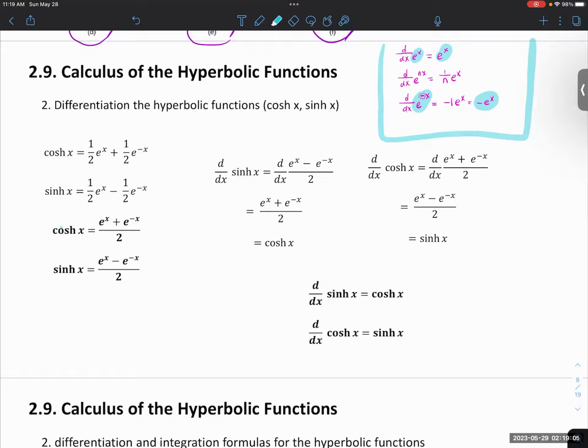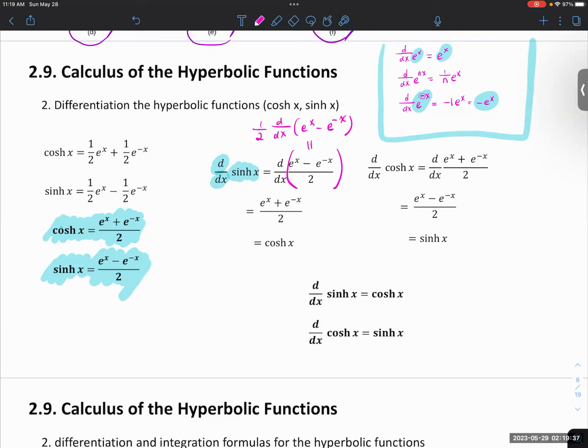One more time, cosh is a summation, sinh is a subtraction. I want to take the derivative of the sinh function. So what are you going to do? We have this function, and you can bring the 1 over 2 to the front. So 1 over 2 d over dx of e to the x minus e to the negative x, correct?